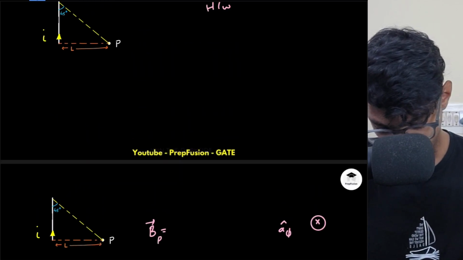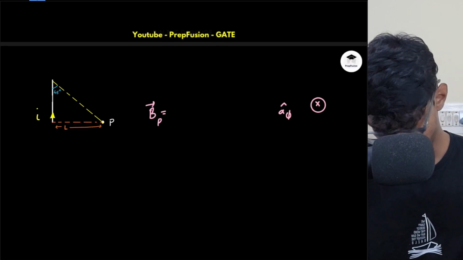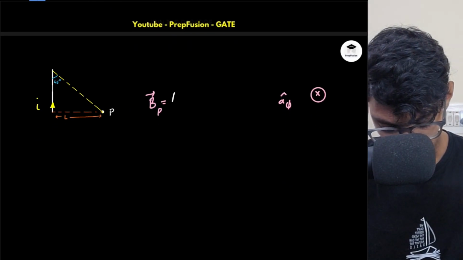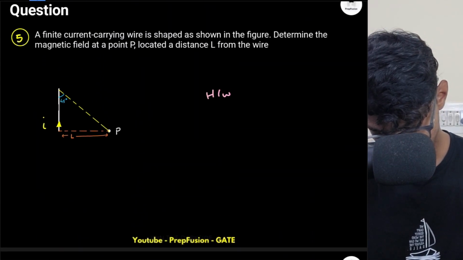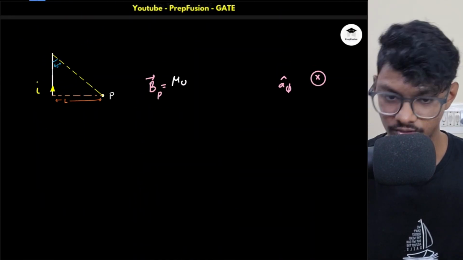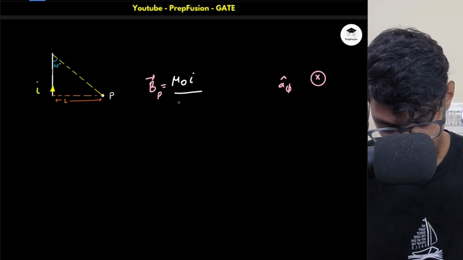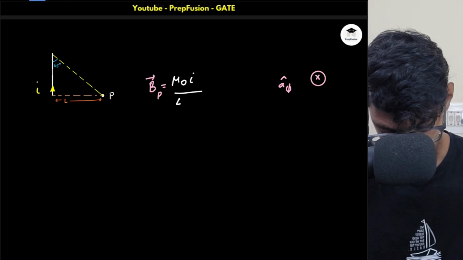This value will be, again, they have not mentioned anything about the medium. I will assume it to be like air or vacuum. So this will be mu naught, and have they talked anything about the current? Current they have also not told. So they just want me to find the expression only. Mu naught I divided by, this will not be 2 pi r, don't get confused, this will be 4 pi r.